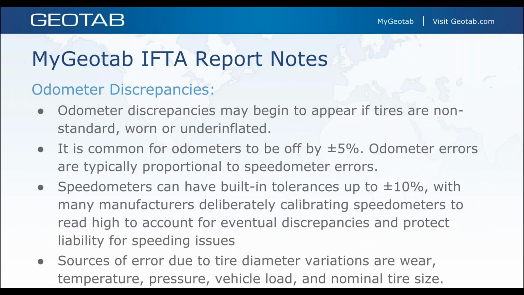So they build this in, knowing that these discrepancies can arise over time. For example, in a fleet, if the tires are getting changed or a different kind of tire is being put on, it'd be good to check how the odometer values are reporting at the time. It's something you can do within MyGeotab, and if we have time, perhaps I can show you how to look at that odometer data. But that's just a good thing to be aware of.